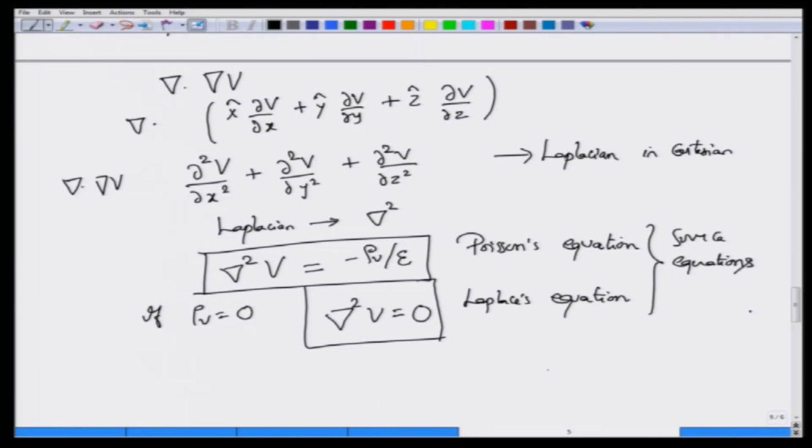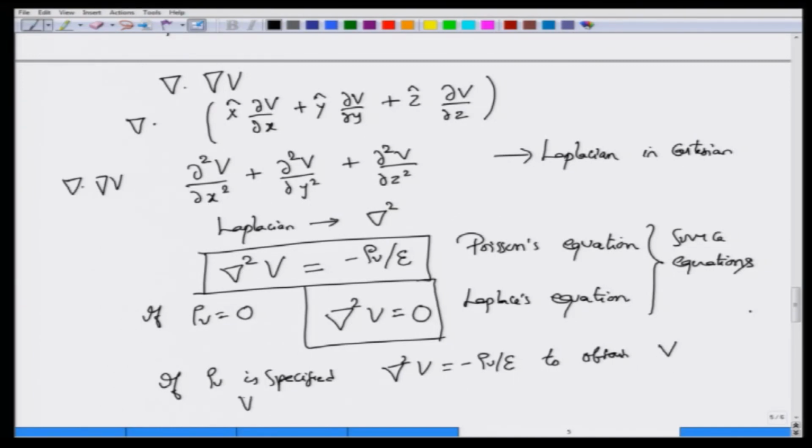If rho v, the charge density, is specified, then you can use the equation del square V is equal to minus rho v by epsilon to obtain the scalar potential V. If of course charge density is 0, you can use Laplace's equation to obtain the potential V everywhere in space.